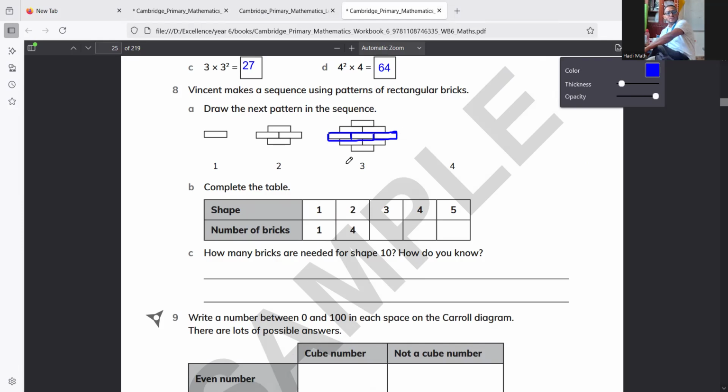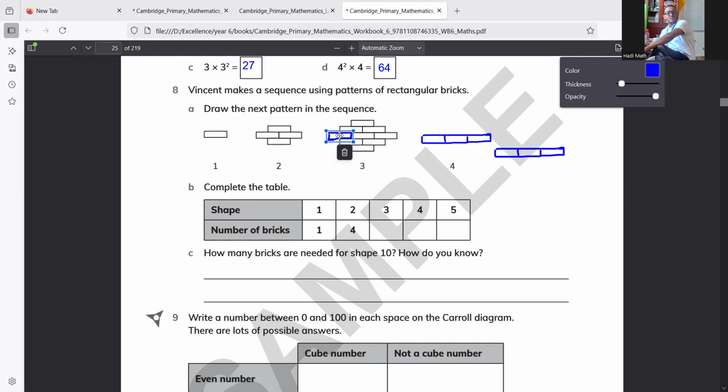So what do I need here? I need 4. So I need to take this one and make another one and add it to it. I make copies from this one, 2 copies.